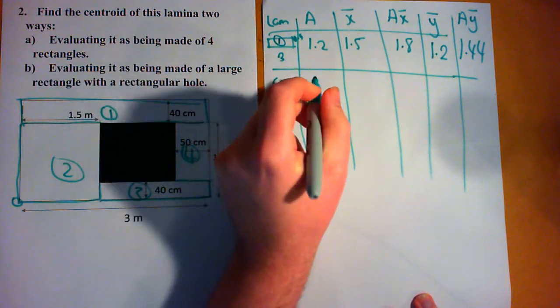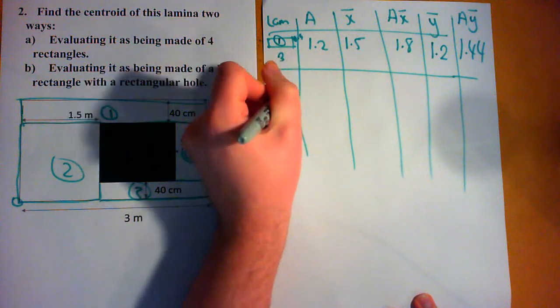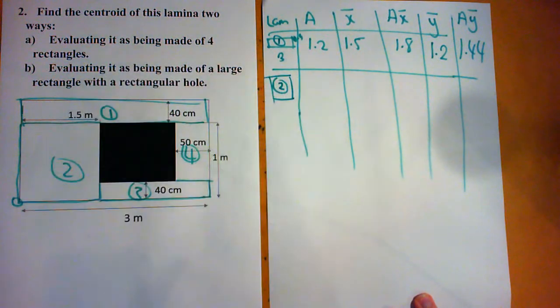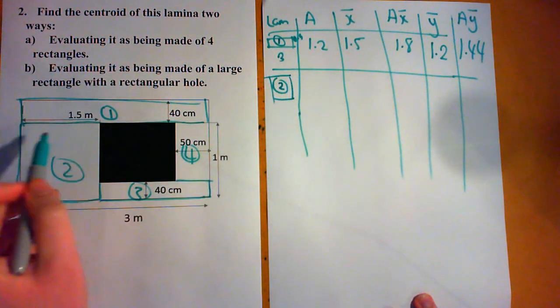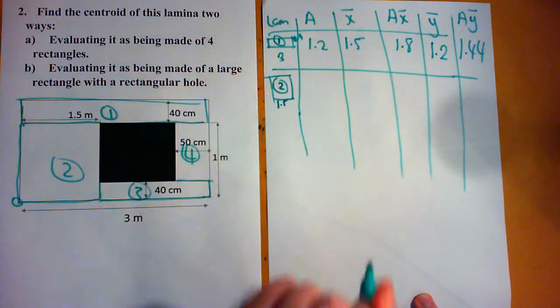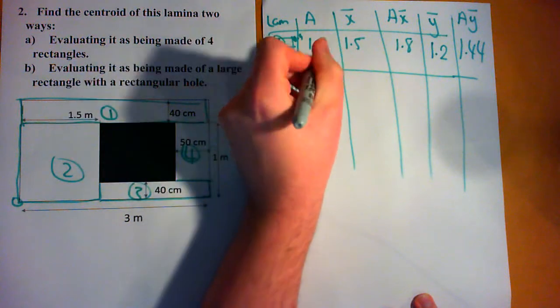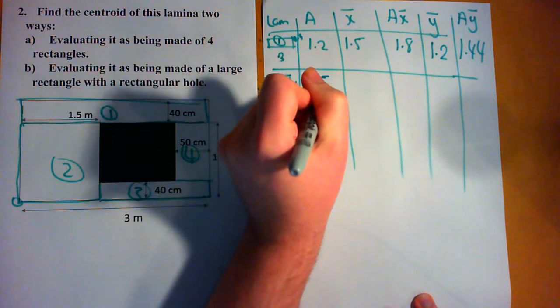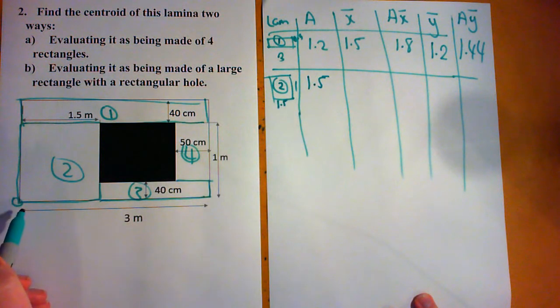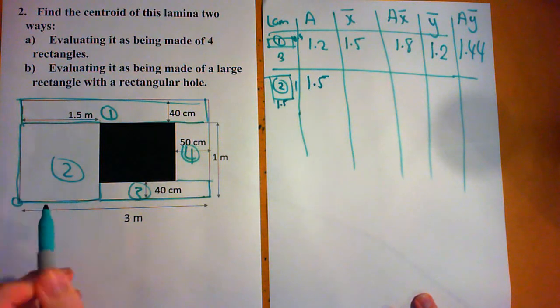For rectangle 2, the dimensions are 1.5 metres wide and 1 metre high. So its area is 1.5 times 1 is 1.5, and half of 1.5 is 0.75.